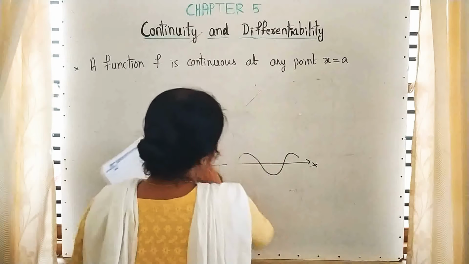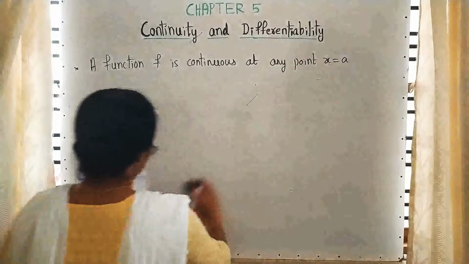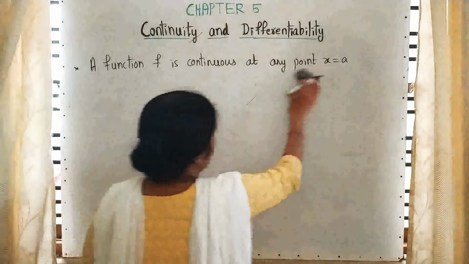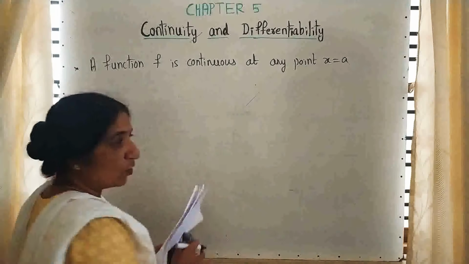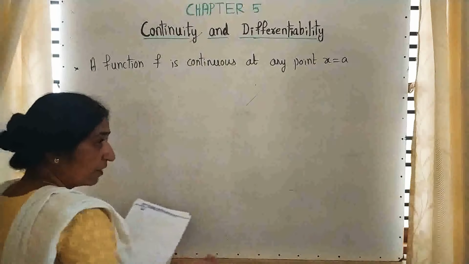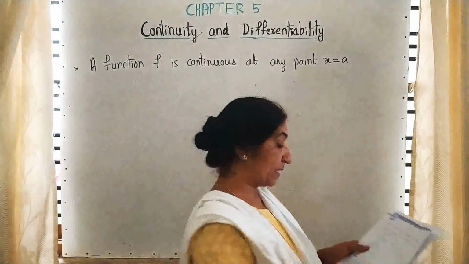And students, for PUC second year, the question is asked for the calculation method, not the graphical one. So they will not ask you to draw the graph. I just explain with the help of the graph to make the concept clear.